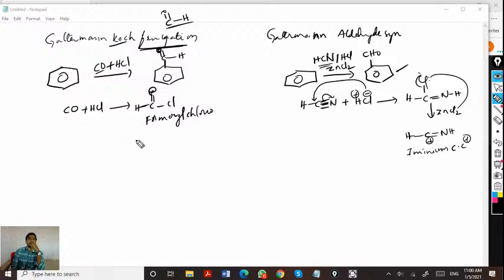When this is treated with the Lewis acid AlCl3, it again abstracts the halogen, and we get HC double bond O plus. This is called formyl carbocation. If it is R, you can call it an acyl carbocation; if it is hydrogen, you need to say formyl carbocation.